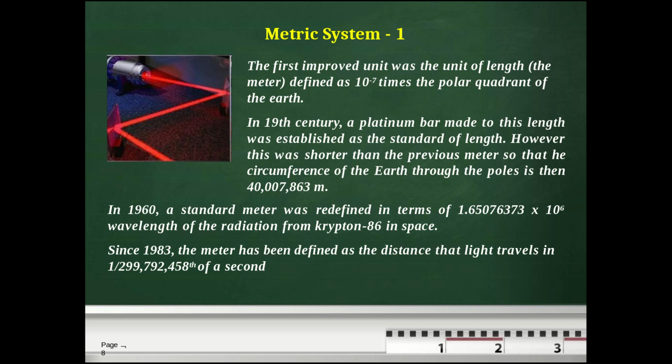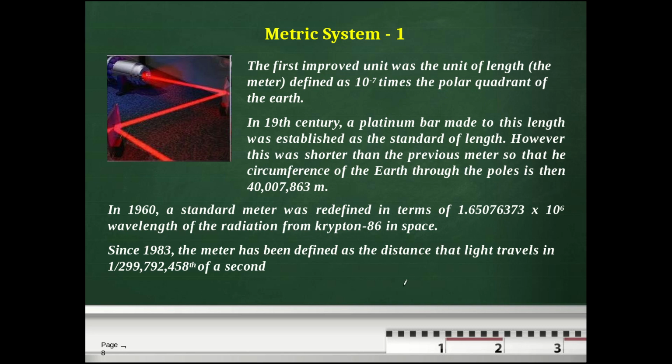For example, in 1960 they introduced a standard meter. They redefined it as 1.65 multiplied by 10 to the power 6 of the wavelength of the radiation from krypton in space.